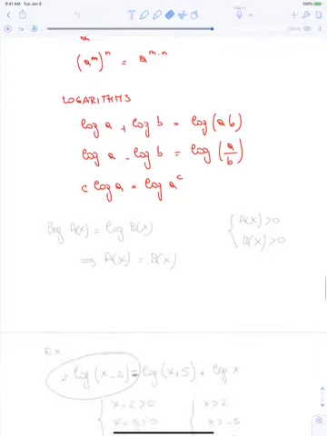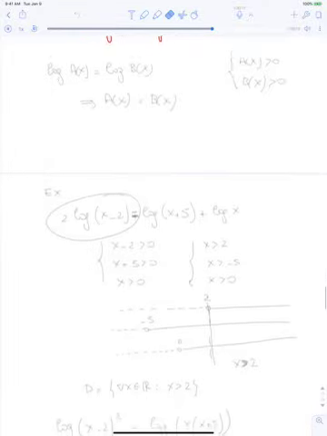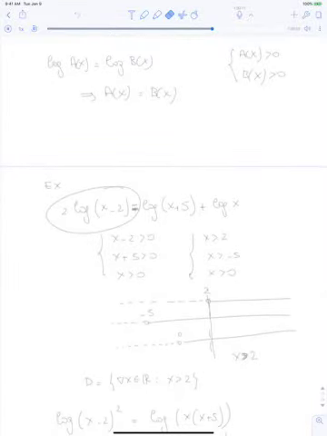Now, I would like to show you a couple of examples where we work with logarithmic equations and exponential equations. For today, probably we're going to look just at the logarithmic equations, and next class we're going to look at some exponential equations.